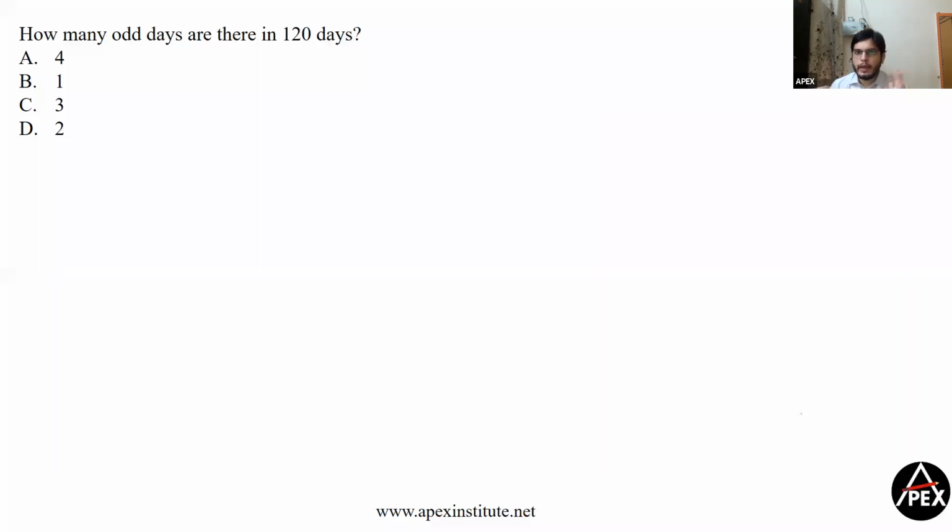Okay? So in calendars, there is a higher chance of calculation mistakes. So please try to avoid calculation mistakes. Okay, yeah, the answer should be 1. How many odd days are there in 120 days? So in a given complete 120, find the number of odd days, divide this by 7, find the remainder.